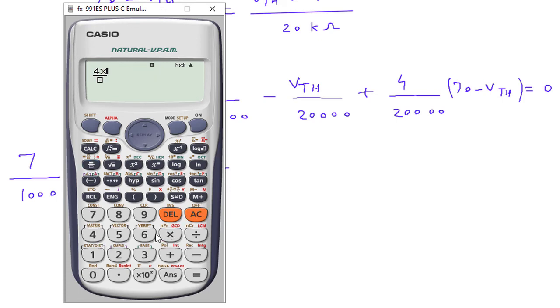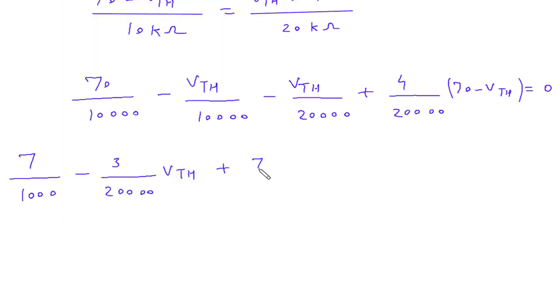So 4 into 70 divided by 20,000 is 7 by 500. Then minus 4 by 20,000 into VTH is equal to 0.